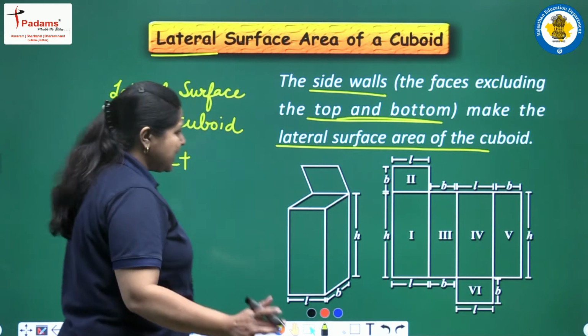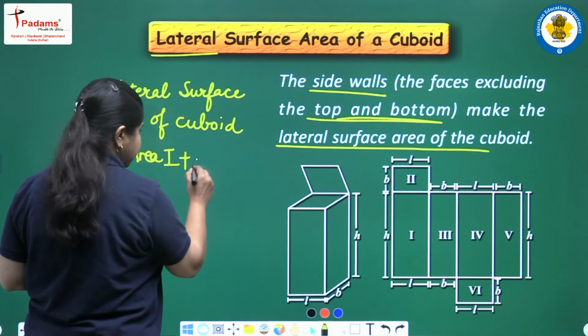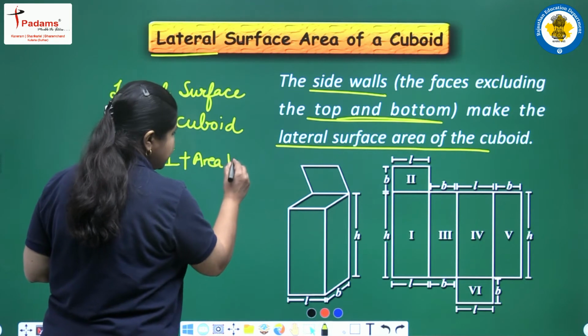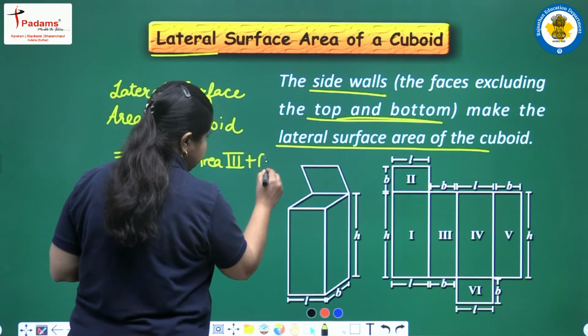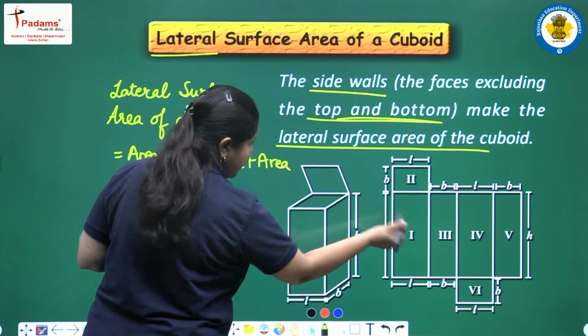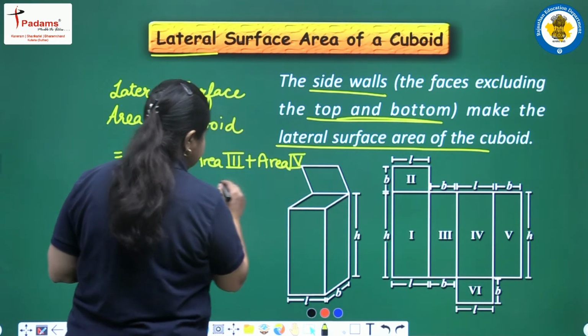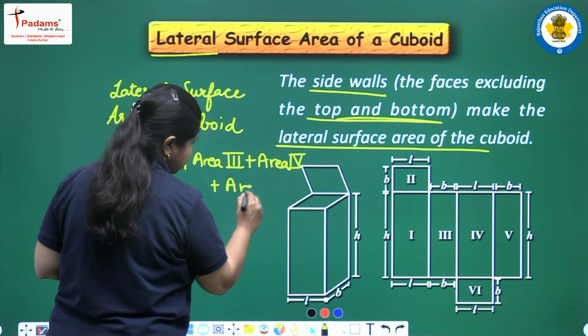So here we will add up area first, then area third, then area fourth, and then area fifth.